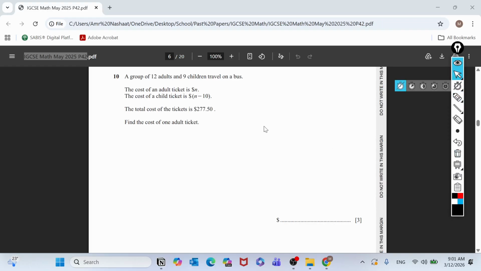A group of 12 adults and 9 children travel on a bus. The cost of an adult ticket is $N. The cost of a child ticket is N minus $10.